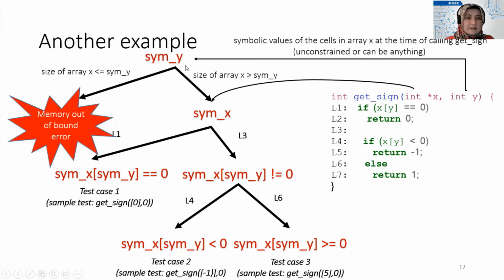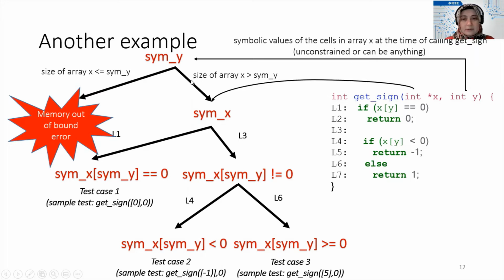Now let's look at the symbolic execution tree. Since the very first instruction will be an array access operation, KLEE will first check whether the value of the symbolic y is greater than the size of array x or not.